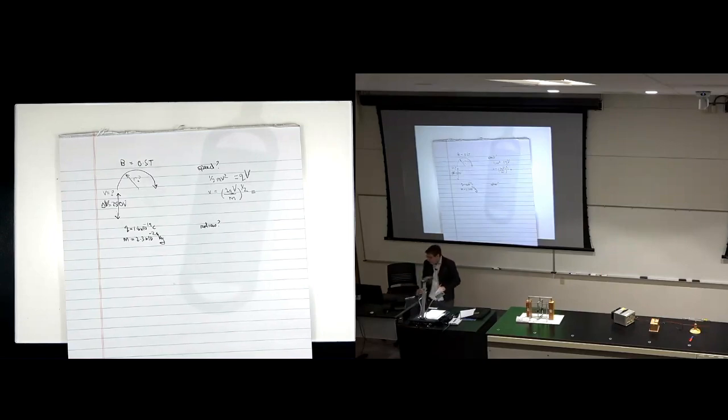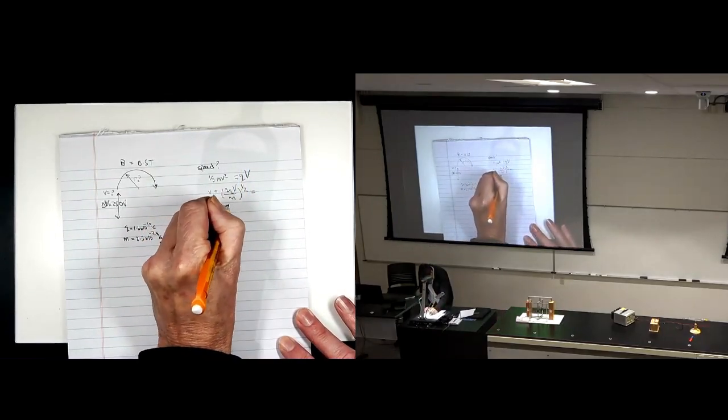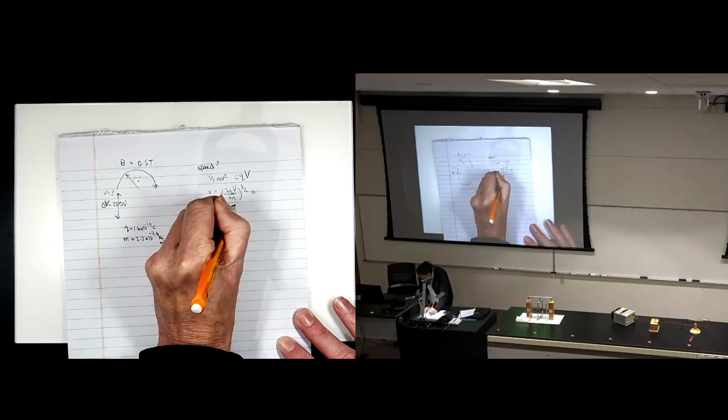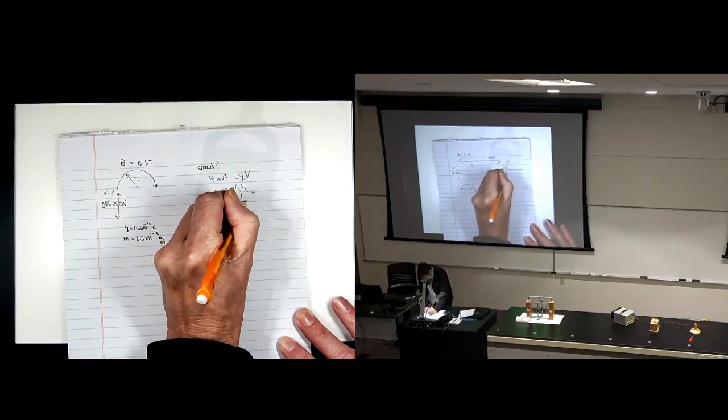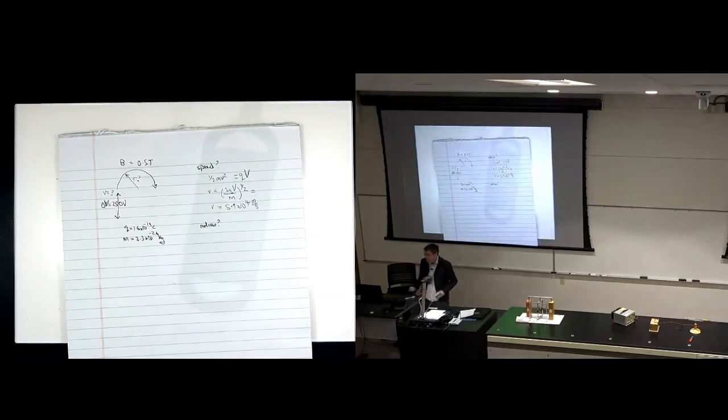I already did that, of course, and I got 5.9 times 10 to the 4 meters per second. So this is 59,000 meters per second that carbon-14 ion has acquired by sliding down this electric potential hill.